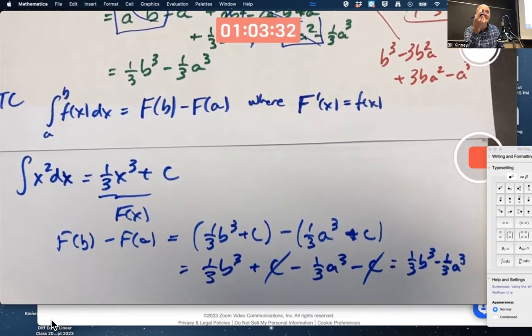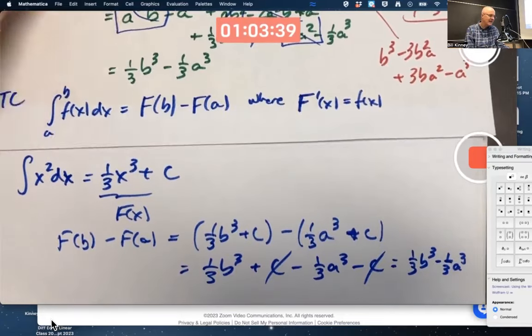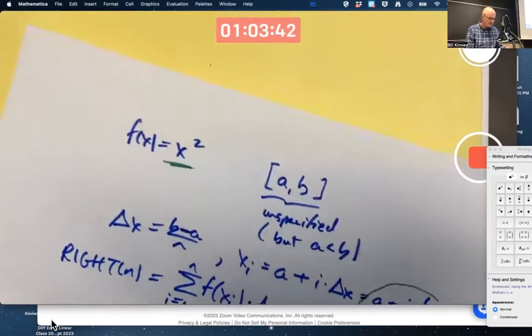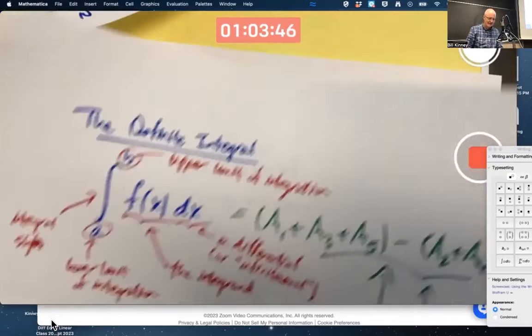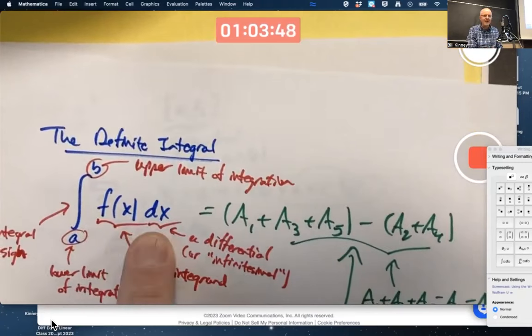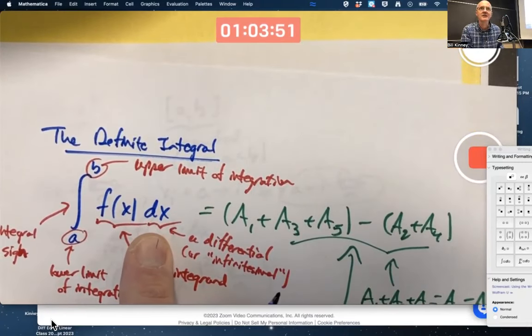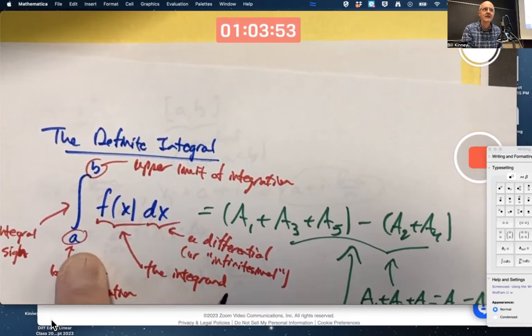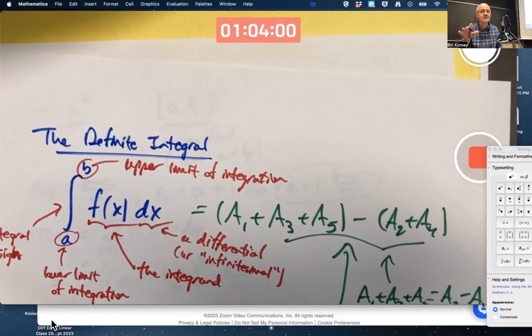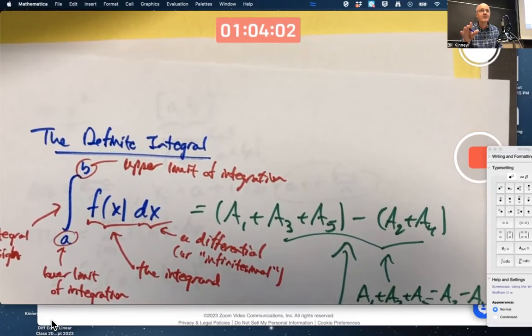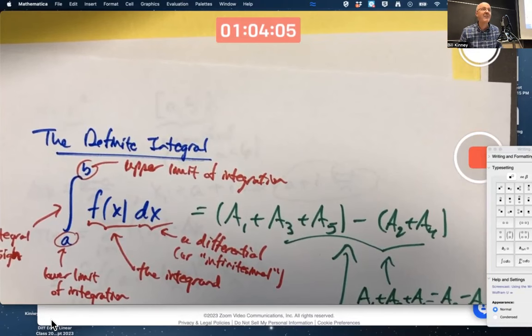Thinking about the dx's as infinitesimals and imagining f of x dx to be a multiplication and the integral sign to be a summation, even though that's not really what's going on, is helpful and makes the fundamental theorem of calculus almost obvious.